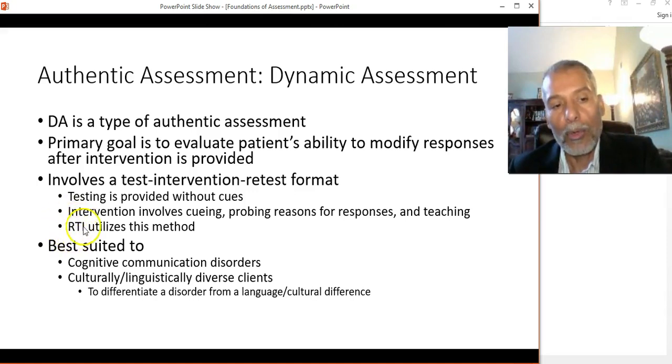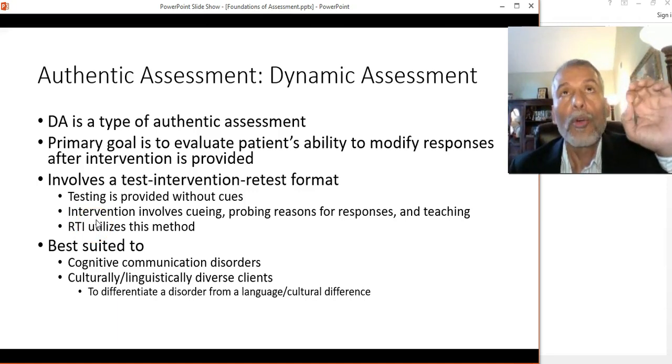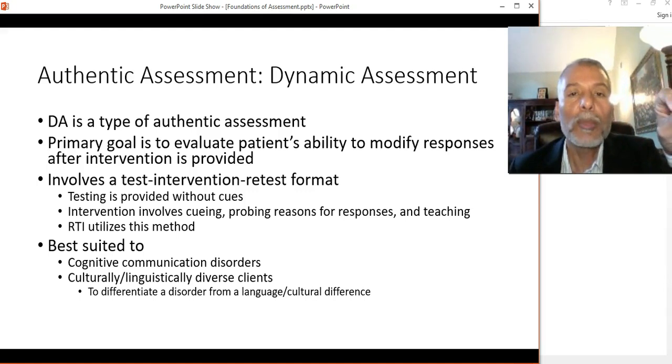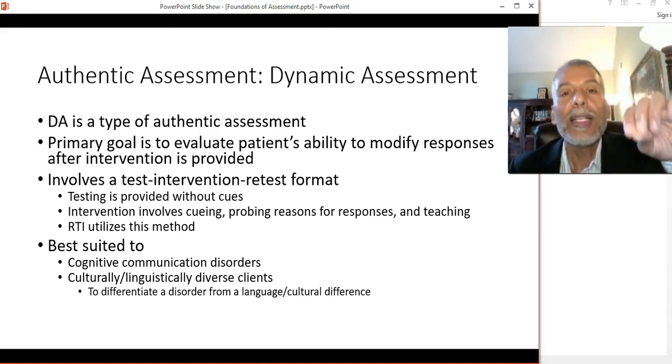It's a program in the schools, and the purpose of it is to identify children who are kind of borderline, who do not qualify for disabilities, yet they need some strategies and some things to help them avoid falling into the disability category.